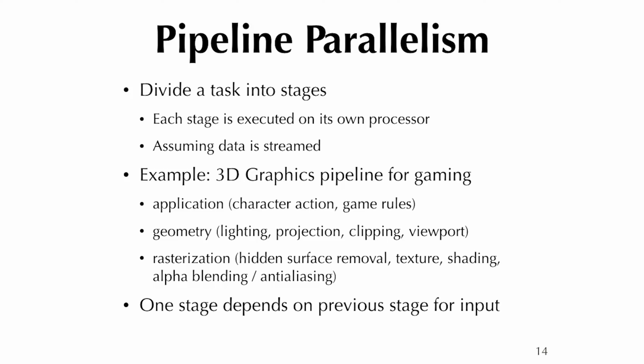Initially, you do have a startup cost, because if the earlier stage doesn't have anything, the later stage has nothing to do. But usually that's easily amortized over your steady state, assuming you have a steady stream of things coming in. The 3D graphics pipeline for gaming fits this pipeline parallelism, because you can do application, geometry, rasterization, all these. In graphics class, you'll learn about these graphics pipelines.